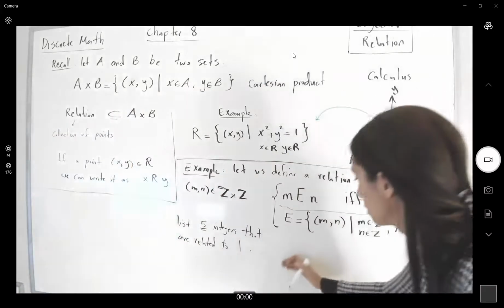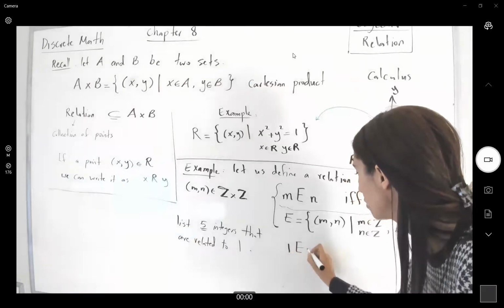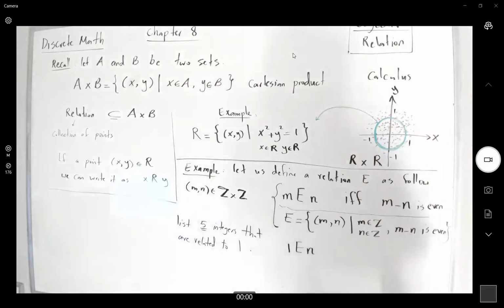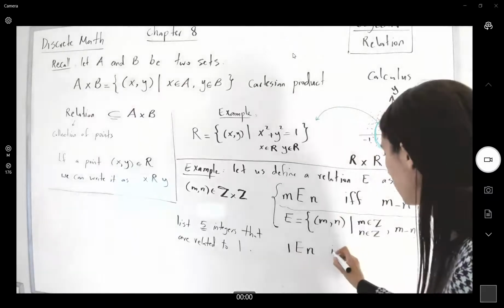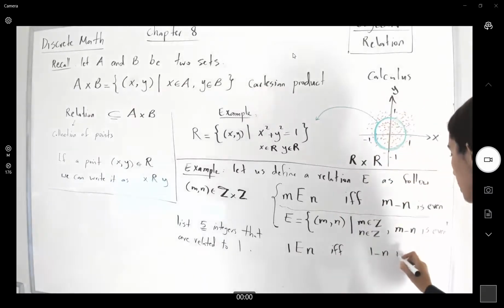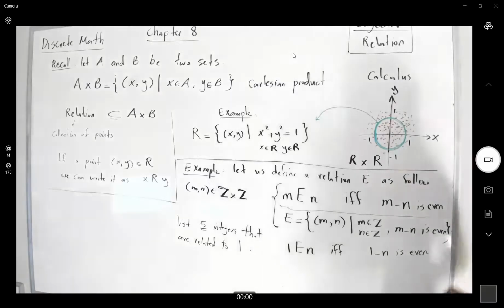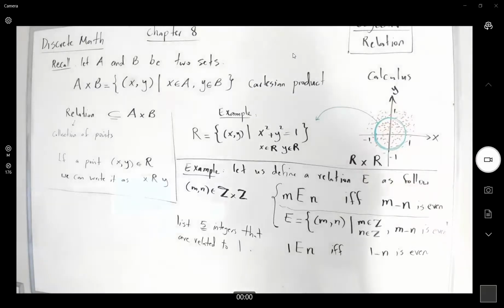It means that 1 is in relation with n if and only if 1 minus n is even. They are in relation with 1, or 1 is in relation with them.